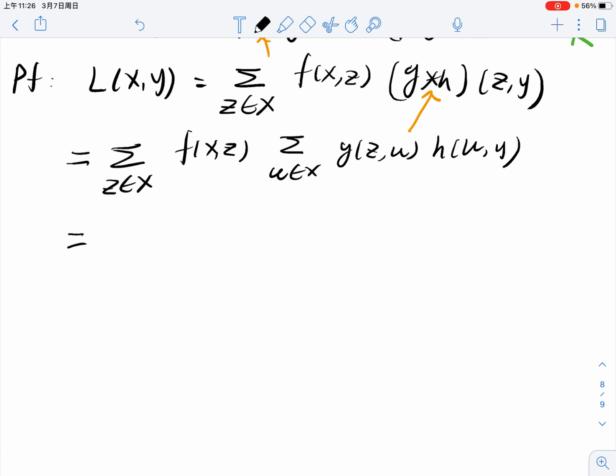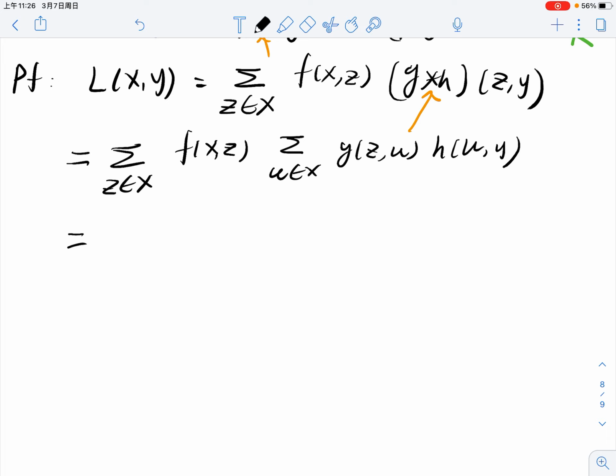Okay, and probably all the fantastic things in mathematics are done by changing the order. In other words, someone said mathematics is just the magic of changing order.